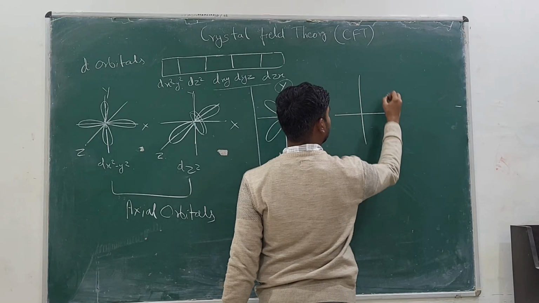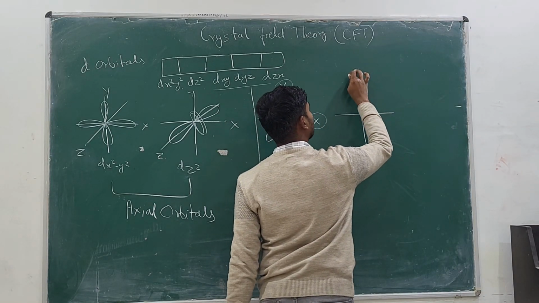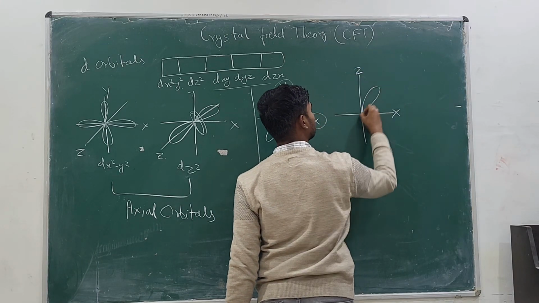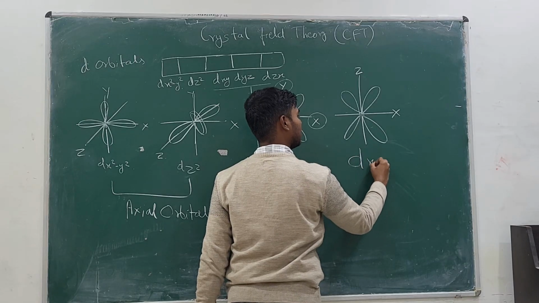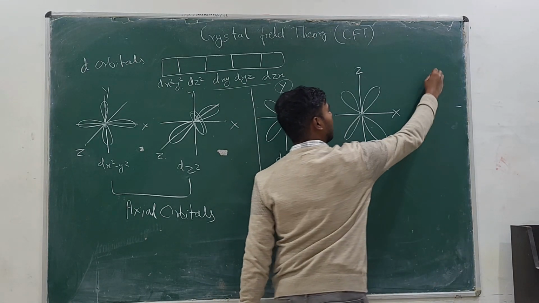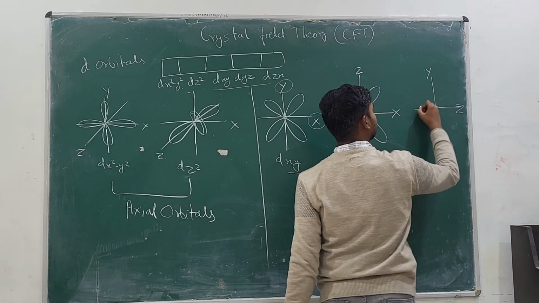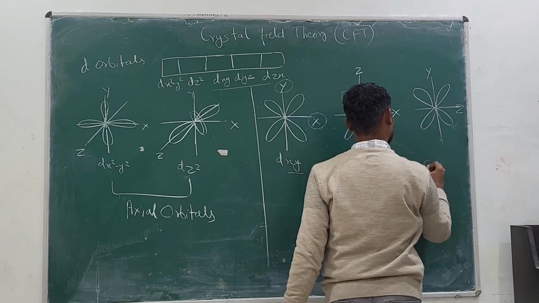Similarly, if we let this one our z axis and this one our x axis, then this orbital is our dxz. And similarly, if we consider this our y axis and this is our z axis, then this is our dyz.